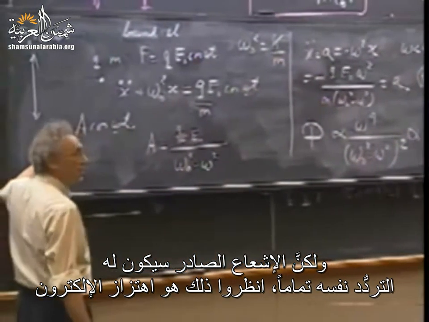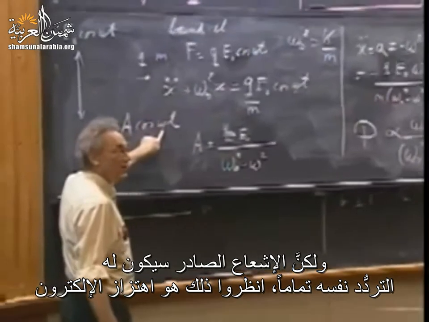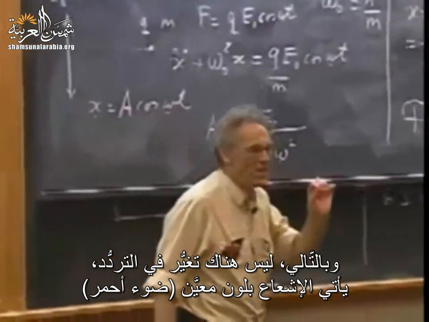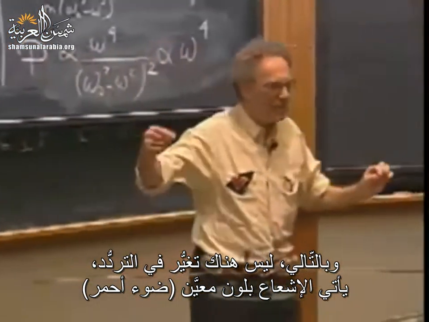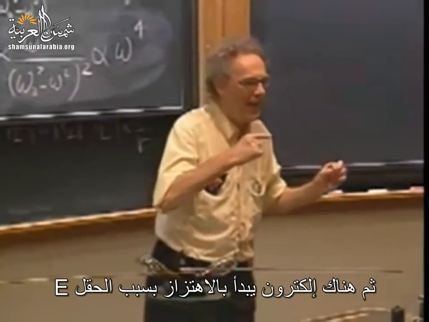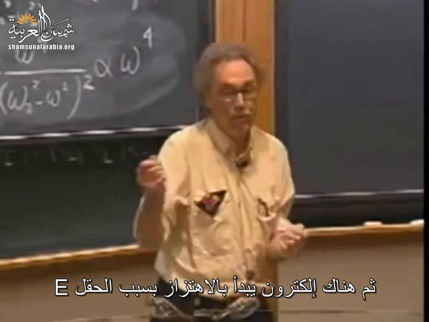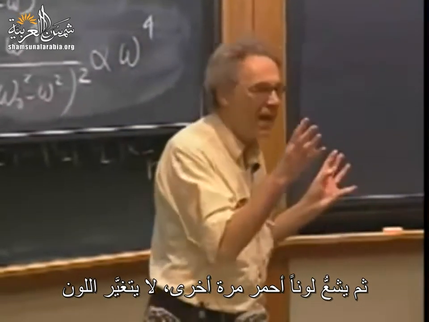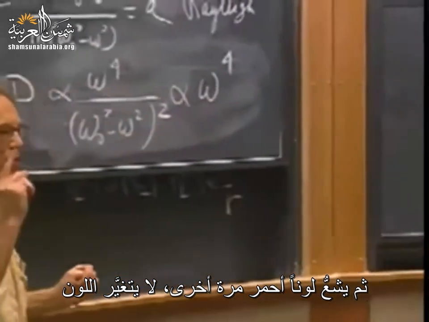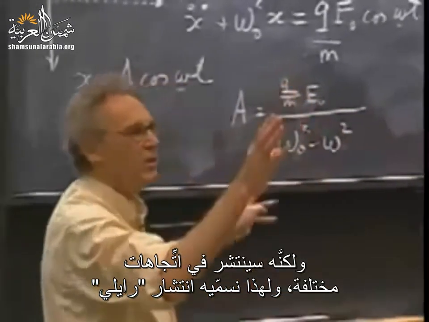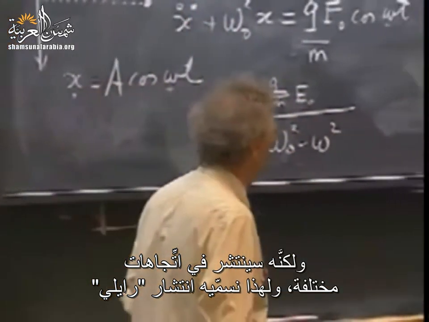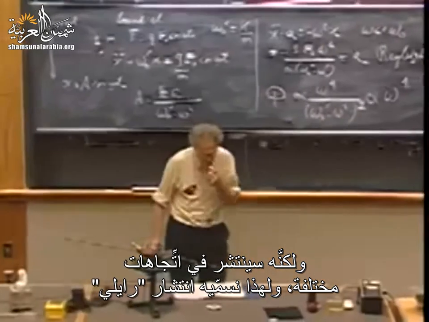Look, that is the oscillation of the electron. So there is no change in the frequency. Radiation comes in on a certain color, red light, and then there is an electron which starts to shake, gets very nervous because of the E field, and it radiates red light again. The color does not change, but it scatters it. It goes off in different directions.